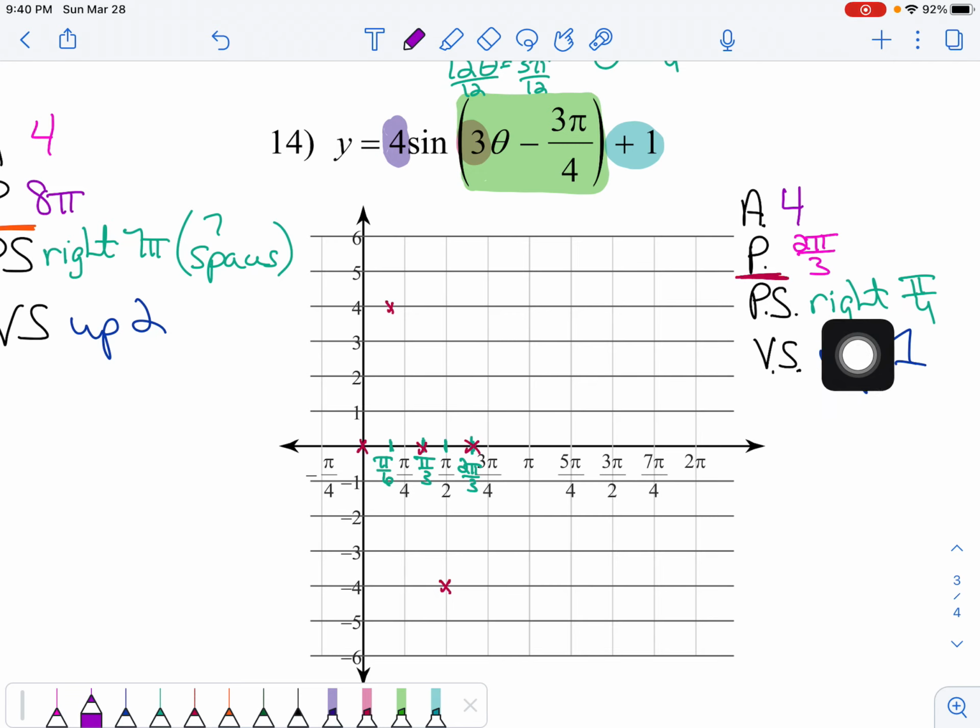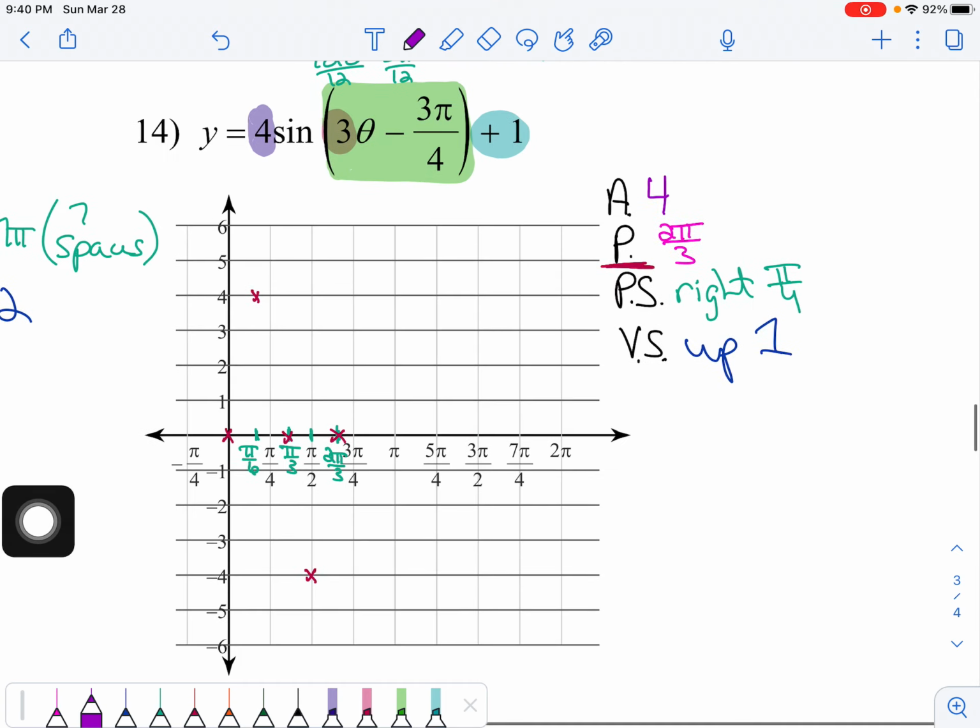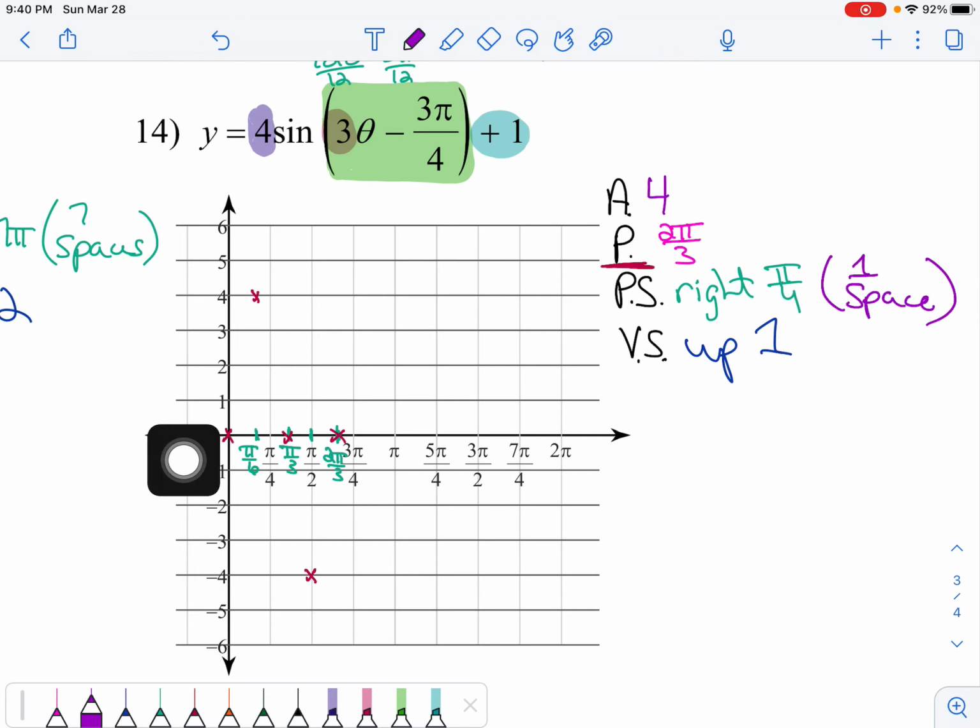Let's shift them right pi over 4 and up 1. Now, pi over 4 on this graph is just one space, which is the one nice part about this. It's one space to the right. So this one I'm actually going to do at once because one space and one space I can keep track of. So I'm going to take each one of these little x's and move them one space up, one space over. Keep in mind that the ones that aren't exactly on grid lines are going to have to move between the grid lines.